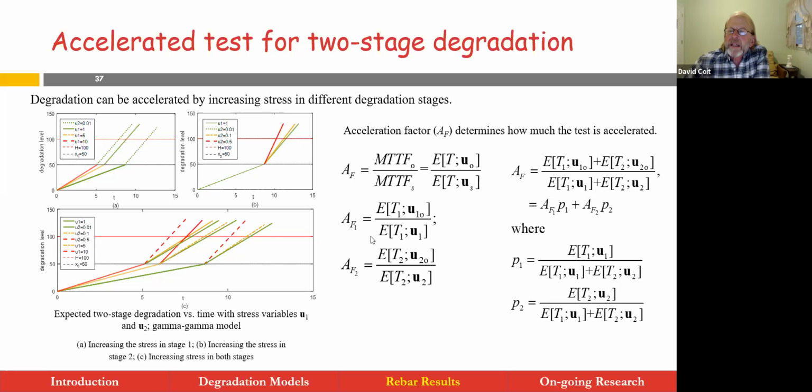And then I can mathematically combine them based on this P1 and P2, and they're actually pretty simple. And remember, I have the equations on the previous slide for these expected times. P1 and P2, simple. P1, the proportion of time spent in stage 1, P2, the proportion of time in stage 2.